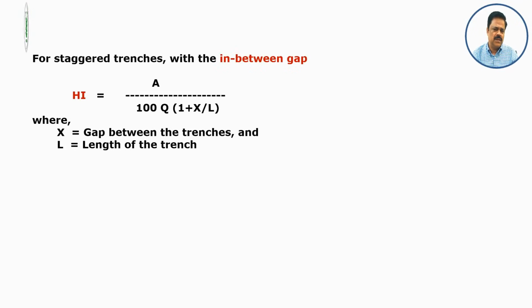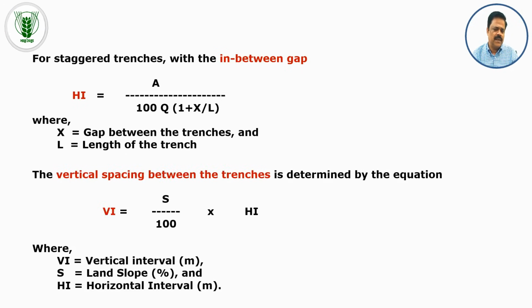But in case of staggered contour trenches, HI will be calculated by A upon 100 Q, into 1 plus X by L, where X is the gap between two trenches and L is the length of the trench. The vertical spacing between the trenches is determined by the equation VI = S multiplied by the horizontal interval over 100. In this way, we calculate the horizontal interval and vertical interval for continuous contour trench and staggered contour trench.